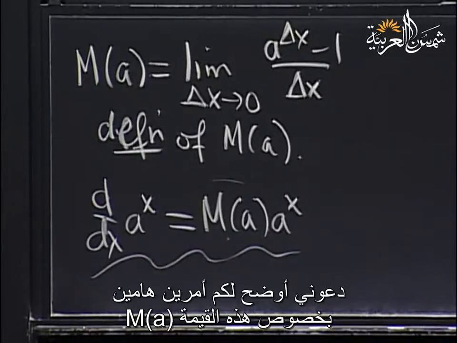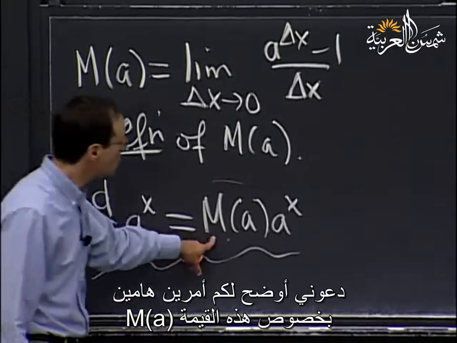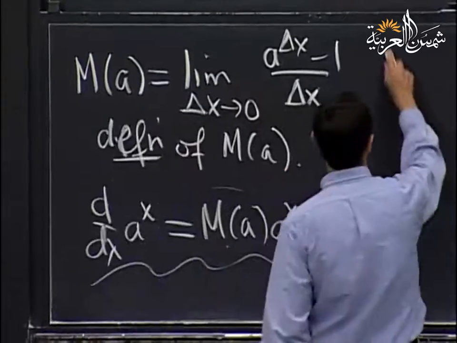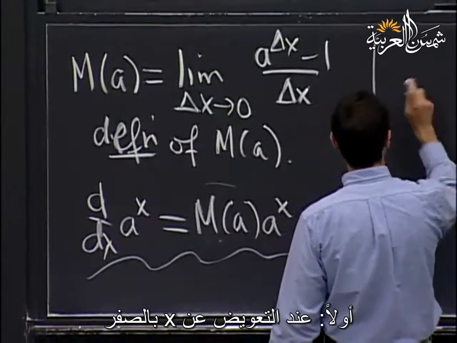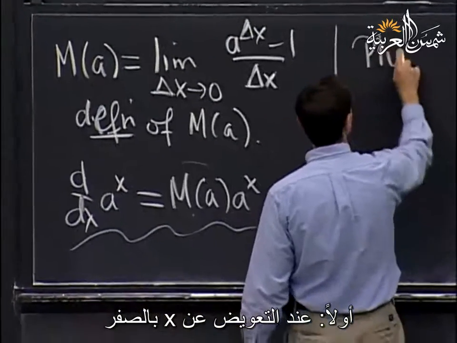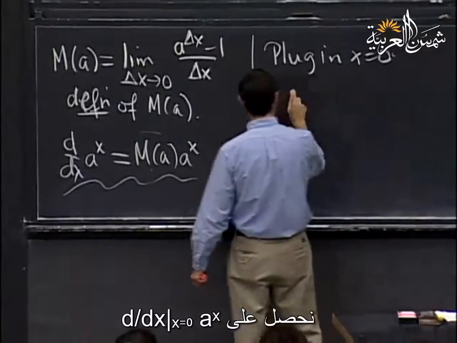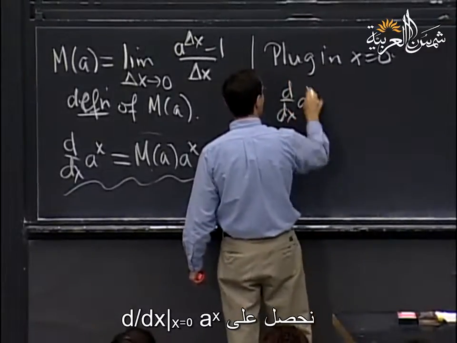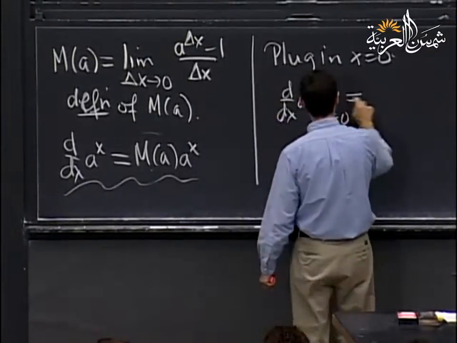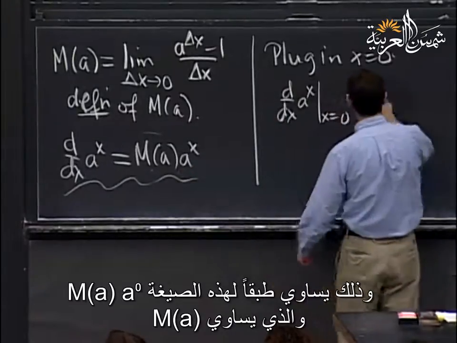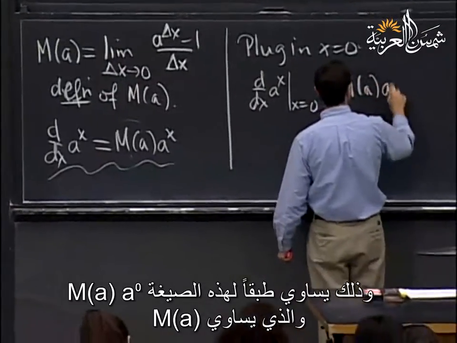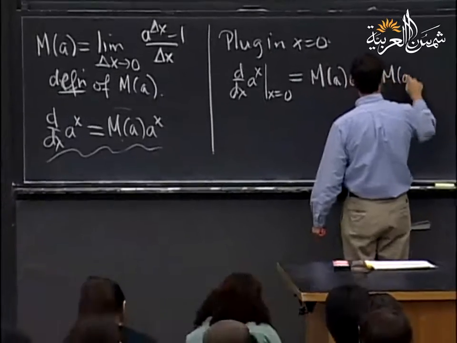Now let me point out two more things about this number m of a. First of all, if I plug in x equals 0, that's going to be d by dx of a to the x at x equals 0. According to this formula, that's m of a times a to the 0, which is, of course, m of a.